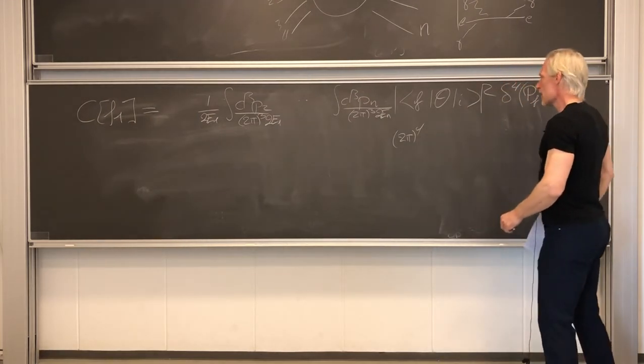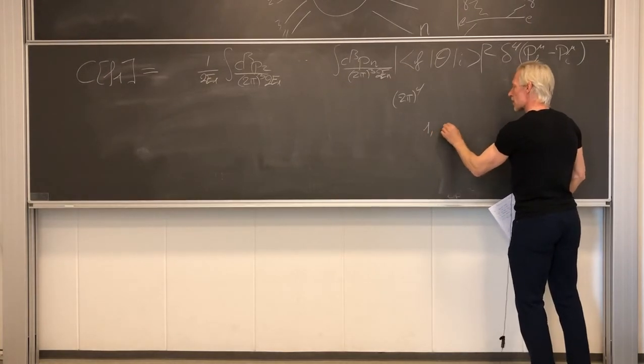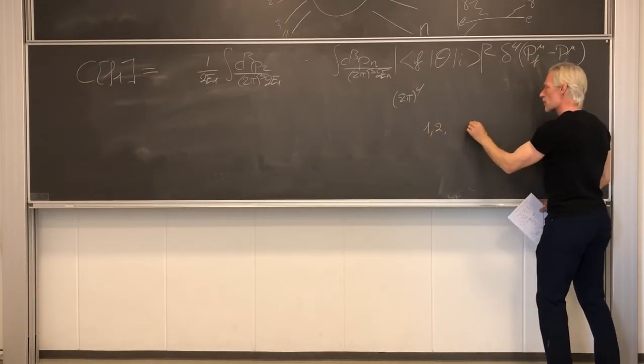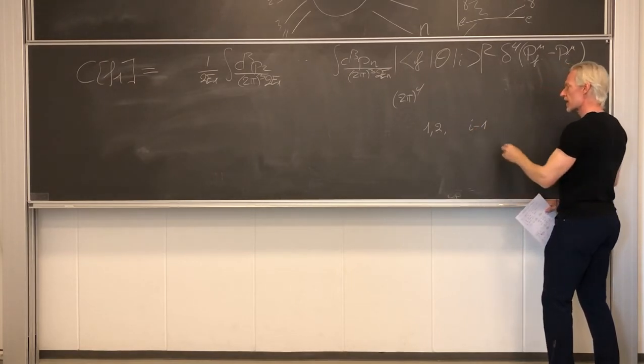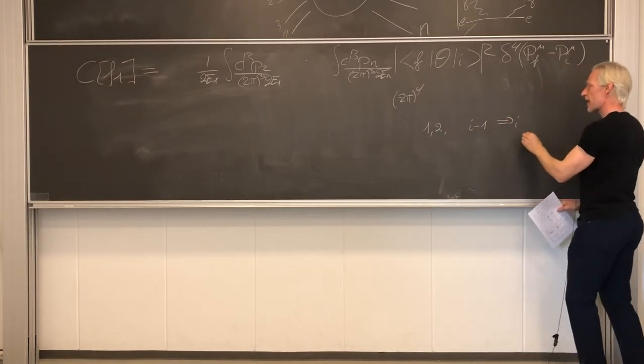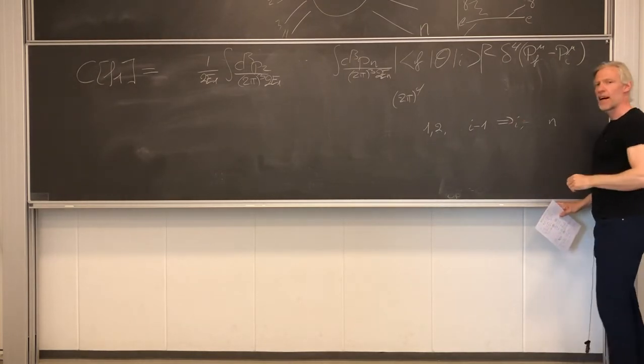So now we're looking at a process, remember, where I have particles 1, 2, and so on, up to particle, let's say i minus 1 in the in state, and then I have particle i up to n in the out state.